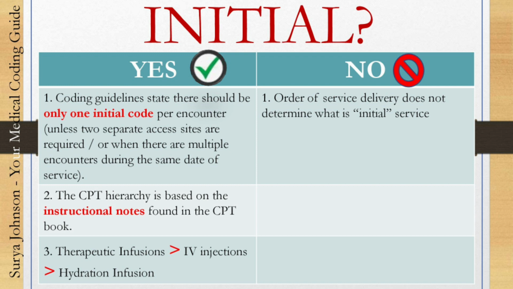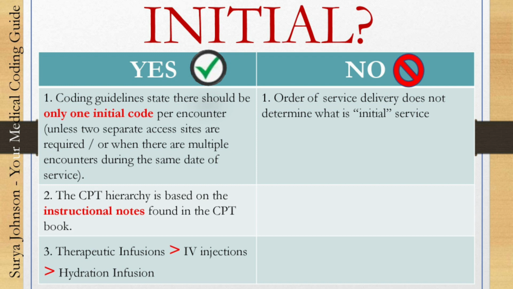The second important point on initial is the CPT hierarchy is based on the instructional notes found in the CPT book. So you should always follow the instruction notes, like it will tell you the hierarchy in which the CPT should be coded. What does that mean?